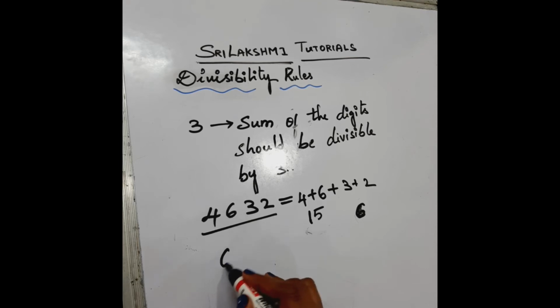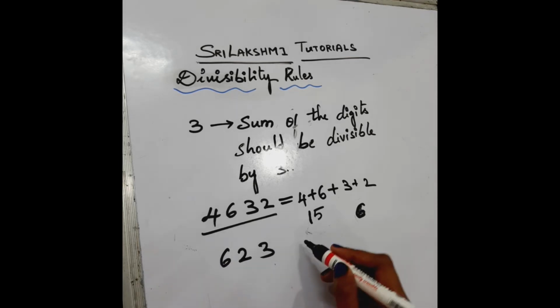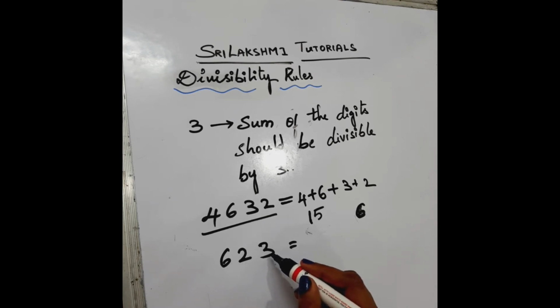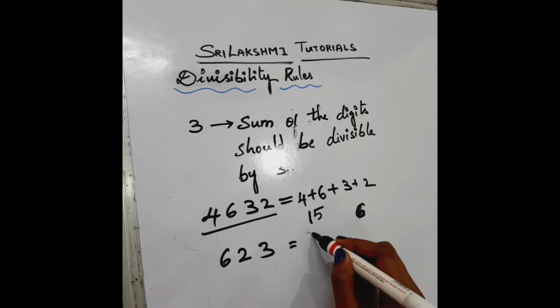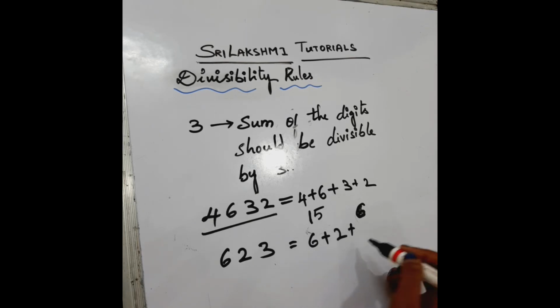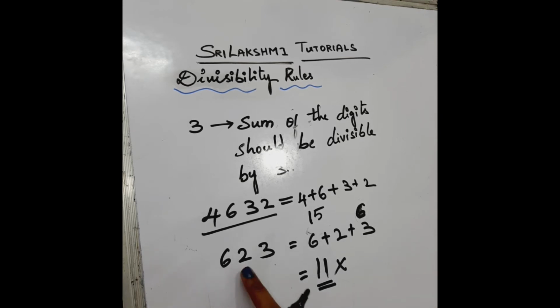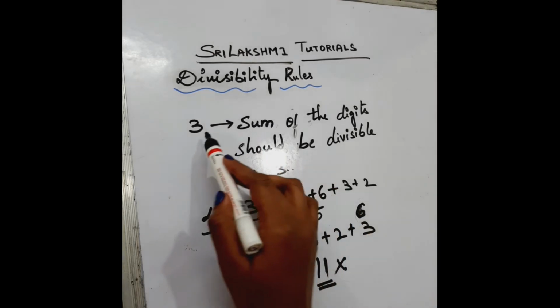Suppose another number, 623. 6 plus 2 is 8, 8 plus 3 is 11. Now, do you have 11 in the 3 table? Is it divisible by 3? No. So 623 is not divisible by 3.